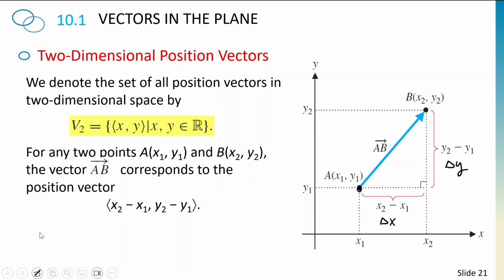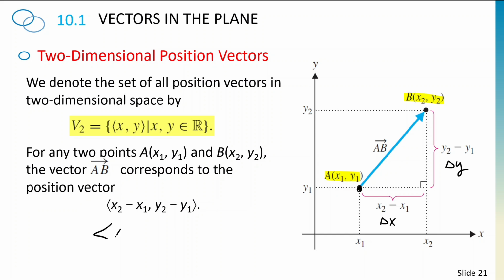So if we were given 2 points, initial point and terminal point, and we need to find the vector from A to B, this is the vector AB. What I'll be doing is very simple. I'll use these 2 points and subtract. I'll take delta x, delta y. This is the vector. Remember, anything we say delta means it's the change.